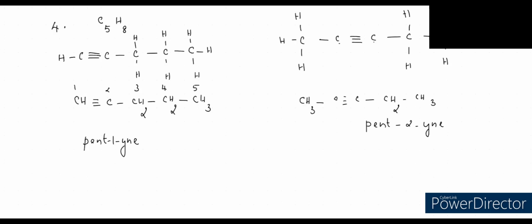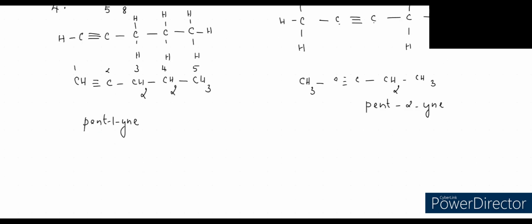Now, is pent-3-yne possible? Let's find out that also. 5 carbons, triple bond between 3 and 4, rest all by single bond. Straight away, I'm writing the condensed structural formula. Now, if this is the structure, then I will start numbering it from right to left so that again the triple bond is between carbon 2 and 3.